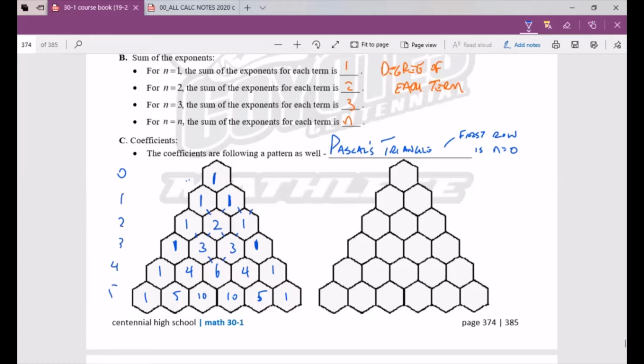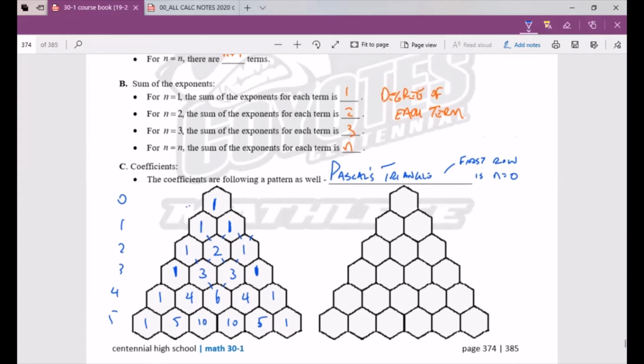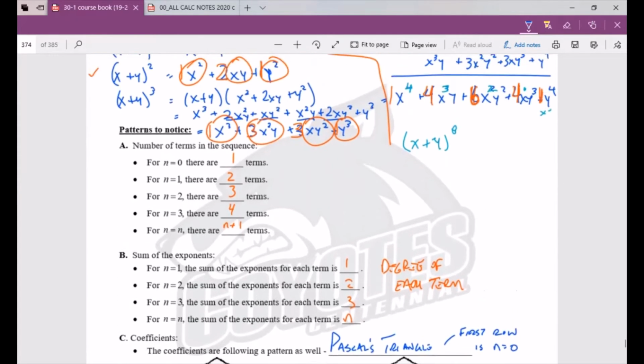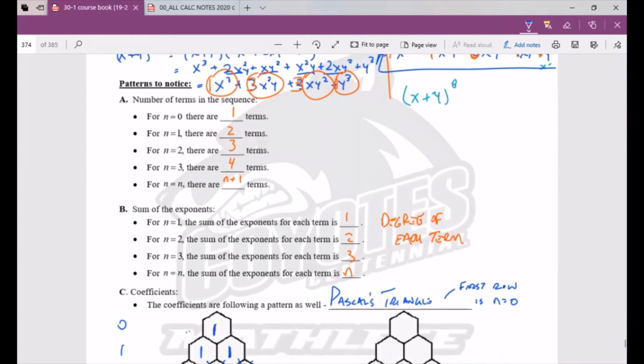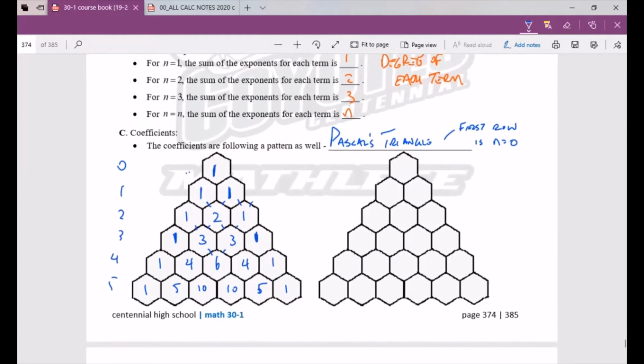Now, where have you seen these numbers before? Well, this was what was going on with this. X plus y all to the 4 had these coefficients of 1, 4, 6, 4, and 1. Well, if we look back down at this, there are our coefficients in that row 4.